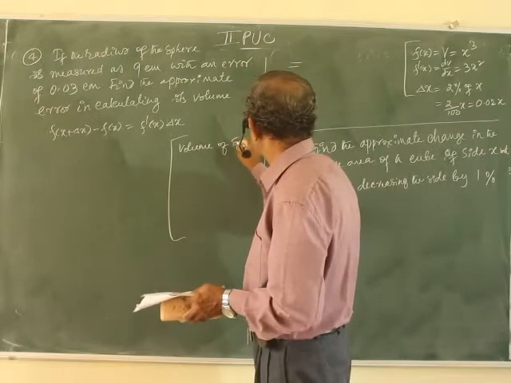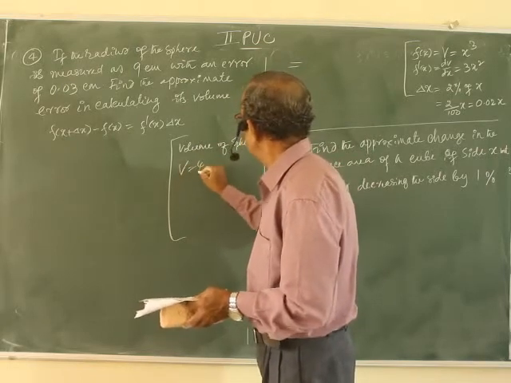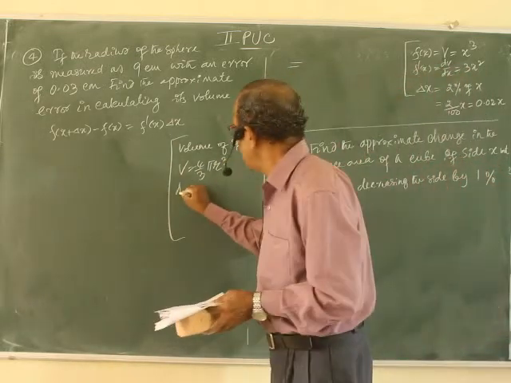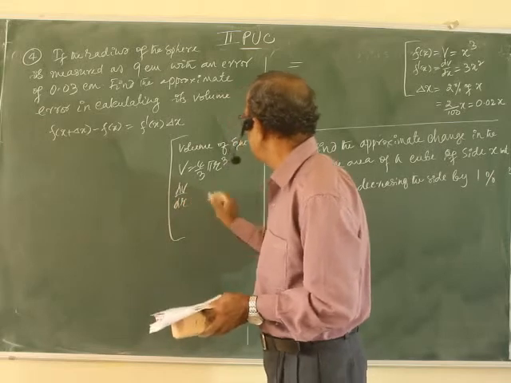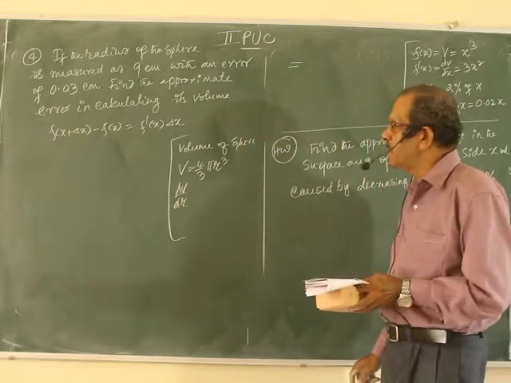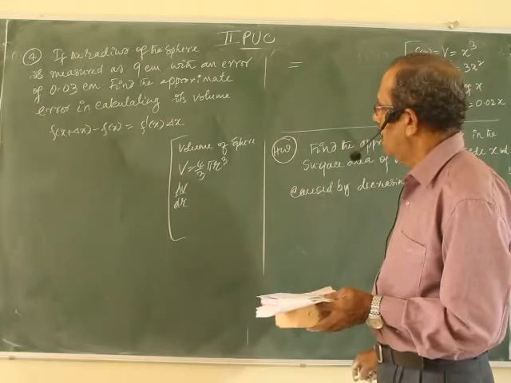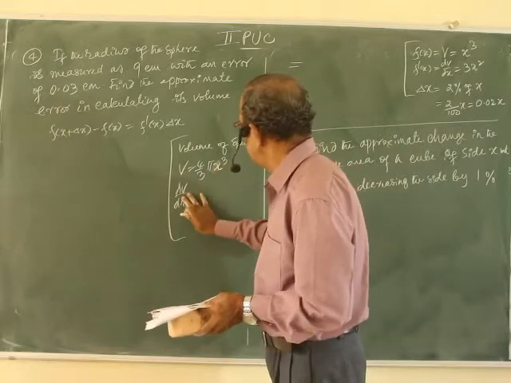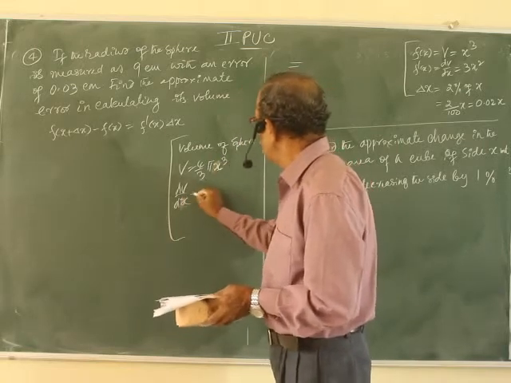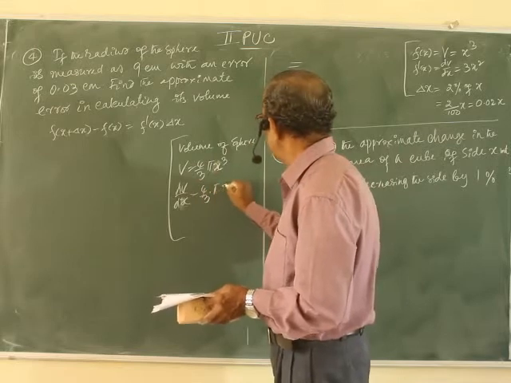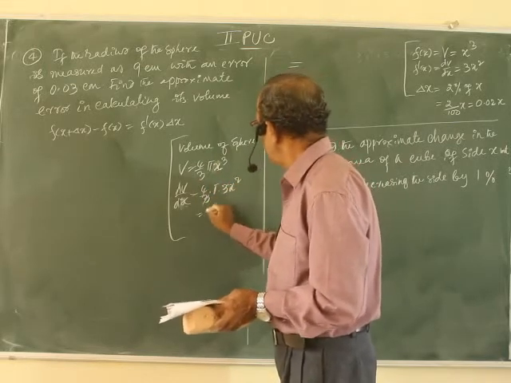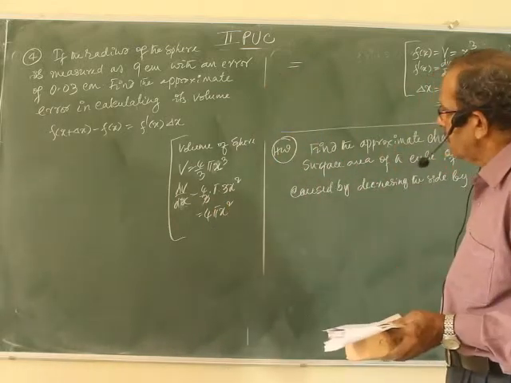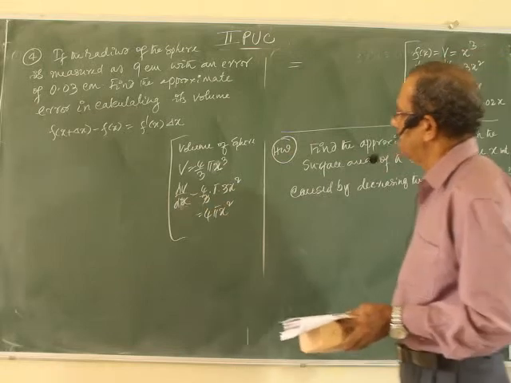Volume of sphere, V equal to 4 by 3 pi r cube. dV by dr, because the variable here is not x, or let me write x cube so that the differentiation will be clear. dV by dx is 4 by 3 pi into 3x square, or 4 pi x square.